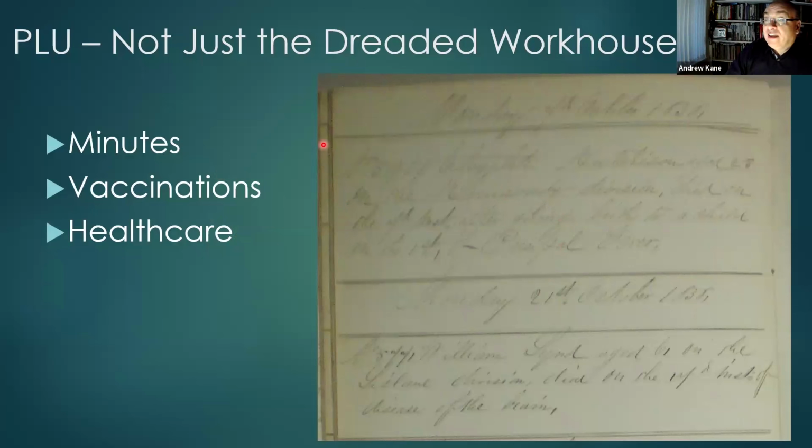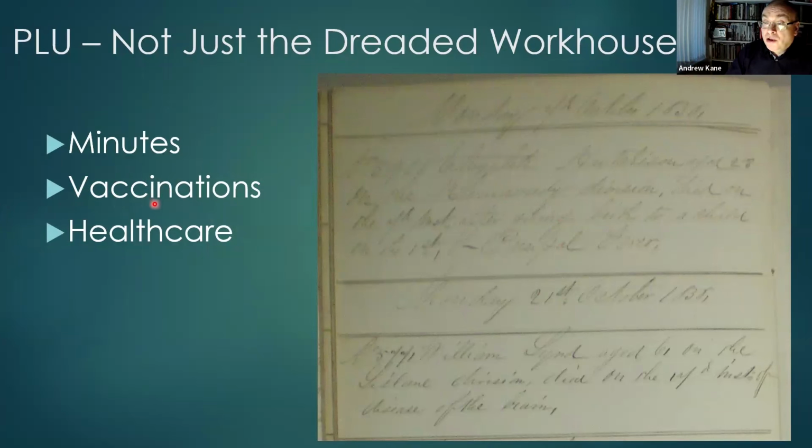So you can often find lots of things in the minutes, people who are supplying goods to the workhouse or even to the dispensary districts, the doctors, healthcare provided at local district level, and obviously the infirmary at the workhouse, which was not exclusively used by people who had been admitted to the workhouse under the poor law. This was free healthcare available to all.